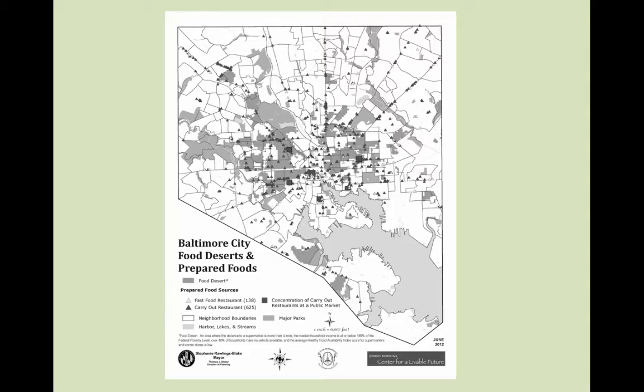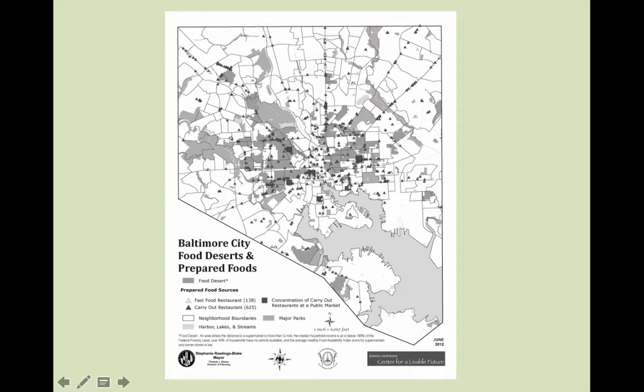So these darker gray areas, these are areas that have been identified as food deserts. We see the light gray triangles being fast food restaurants, got a good collection of those, as well as our darker gray triangles, which are carry-out restaurants.